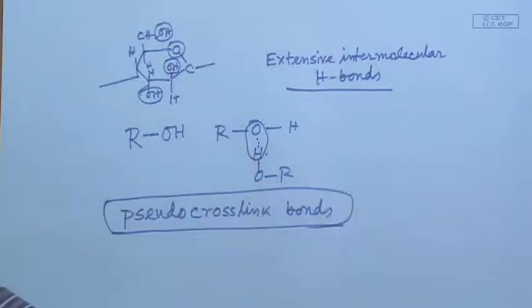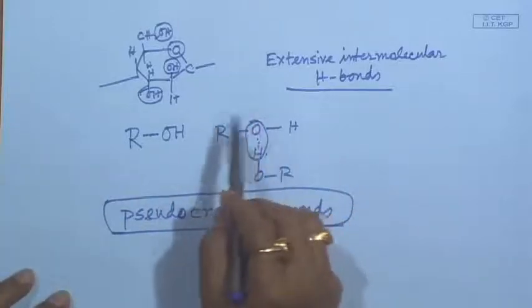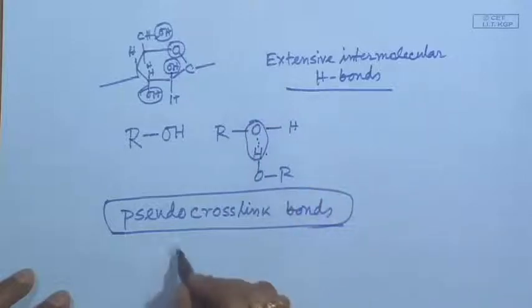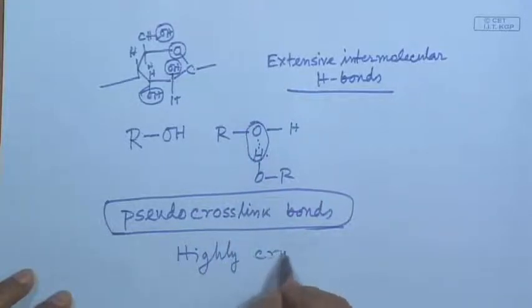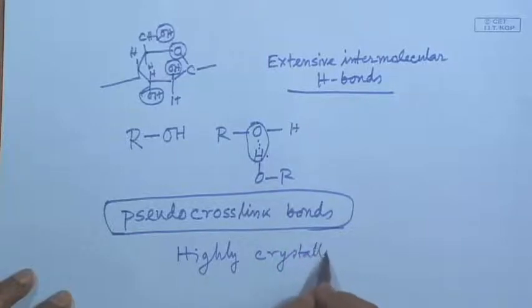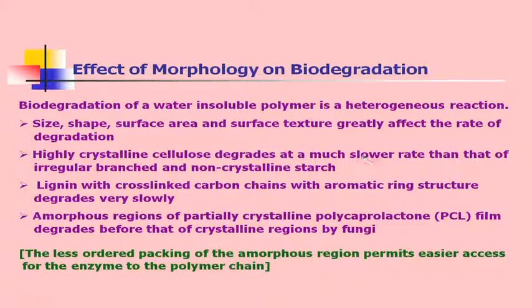Due to that hydrogen bonding, the cellulose molecule becomes highly crystalline. So, highly crystalline cellulose degrades at a much slower rate than irregular branched and non-crystalline starch.